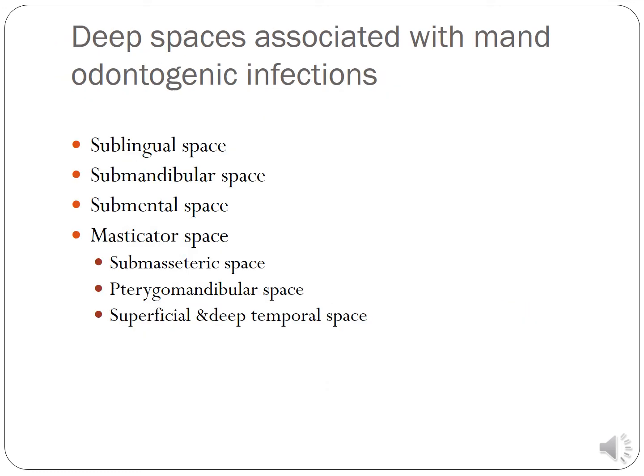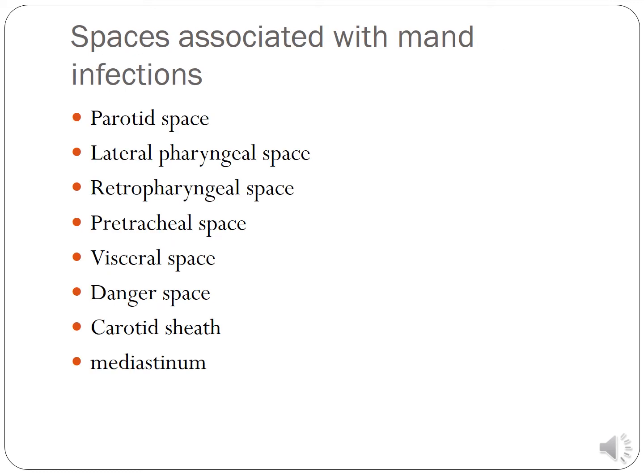The deep spaces associated with mandibular odontogenic infections are the other spaces. The secondary spaces may be sublingual, submandibular, submental space, and they are the primary spaces. And then you have the masticator spaces like submasseteric, pterygomandibular, and superficial and deep temporal space. Spaces associated with mandibular infection also include parotid space, lateral pharyngeal, retropharyngeal, pretracheal, visceral, danger space, carotid sheath, and mediastinum.